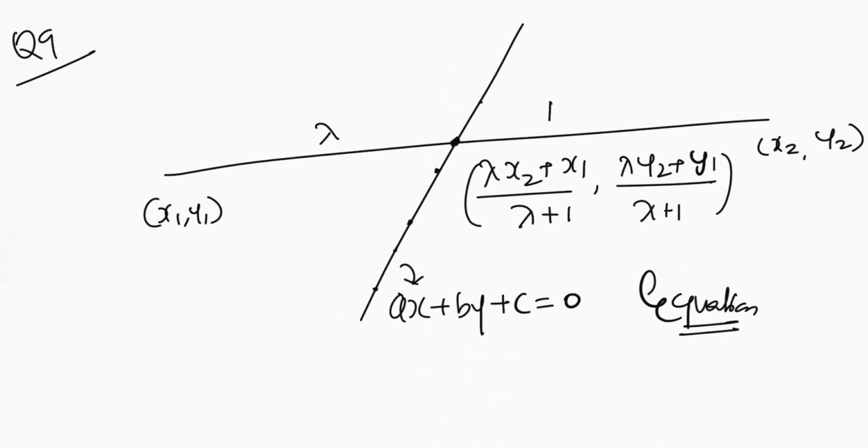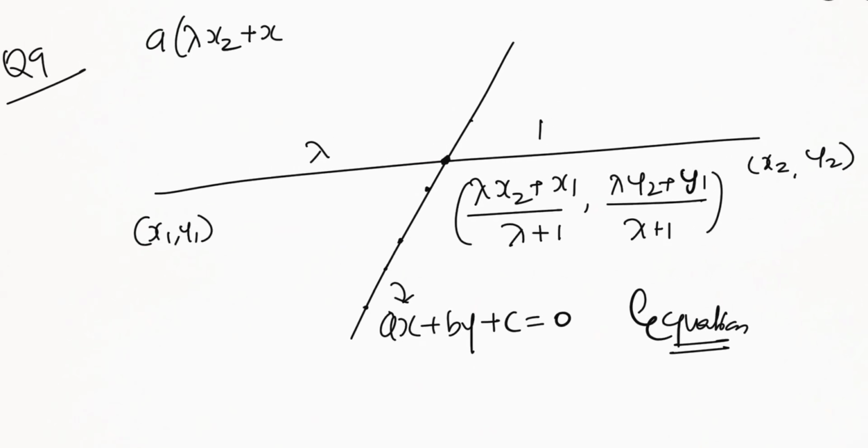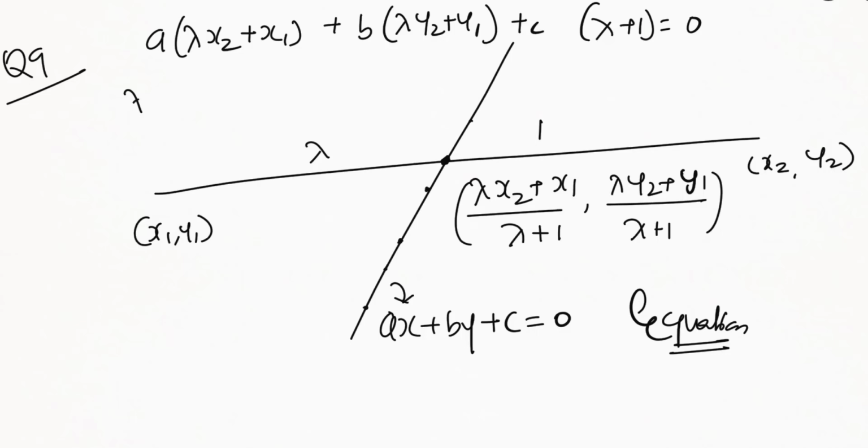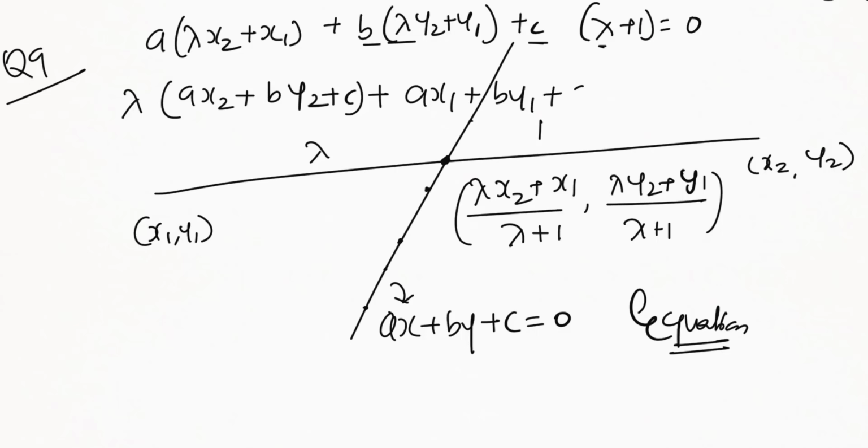So when this becomes 0, put it here: a times (lambda x2 plus x1) over (lambda plus 1), plus b times (lambda y2 plus y1) over (lambda plus 1), plus c equals 0. Multiplying through by lambda plus 1 and simplifying, there is a pattern here: lambda times (ax2 plus by2 plus c), plus, without the lambda term, (ax1 plus by1 plus c) equals 0.